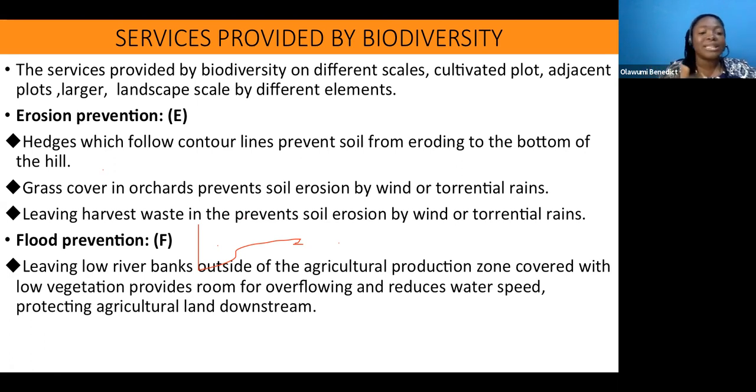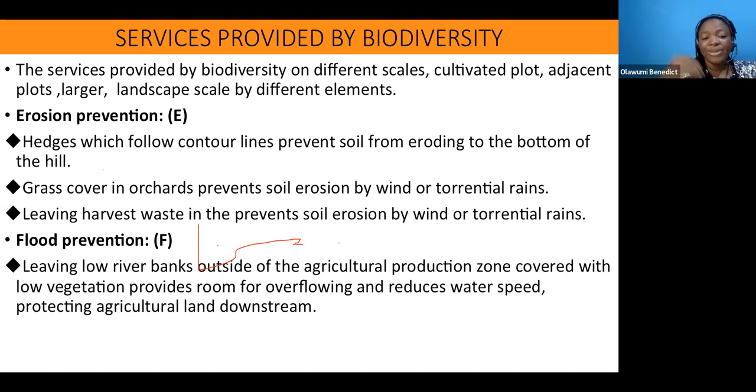Also, this grass cover in the orchard prevents soil erosion by wind or torrential rains. Then we have living harvest waste that prevents soil erosion by wind. So even if there's an erosion from the upstream and it's coming down to the downstream, at least your good soil is not taken into the water bodies. And these hedges conserve it.